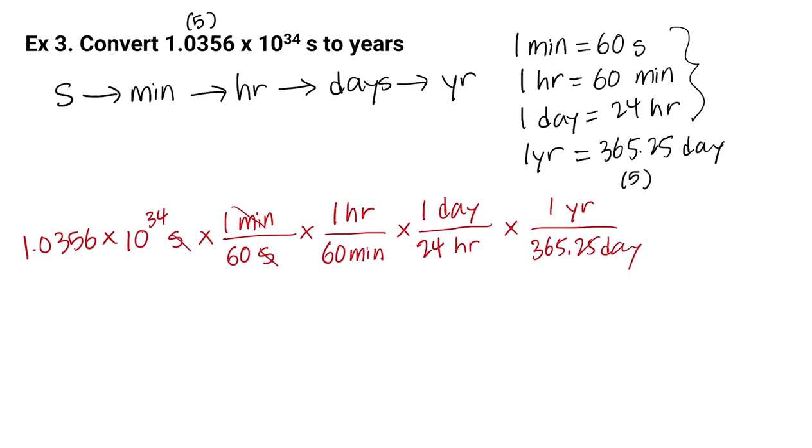You can cancel your units and be left with years. Perform the operation on your calculator. You should get a number with 5 sig figs, so 3.2816 times 10 to the power of 26 years.